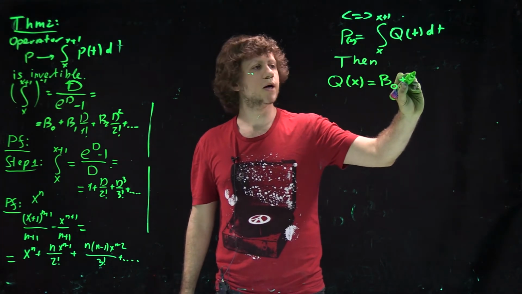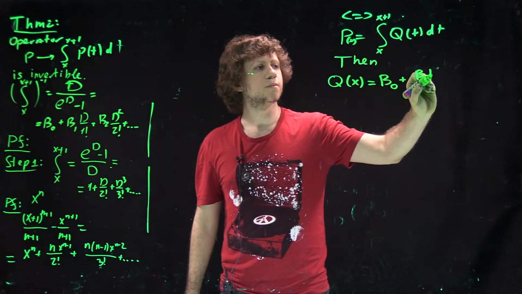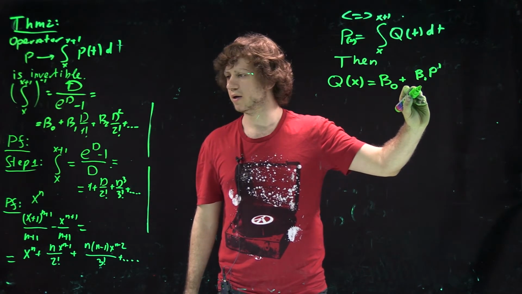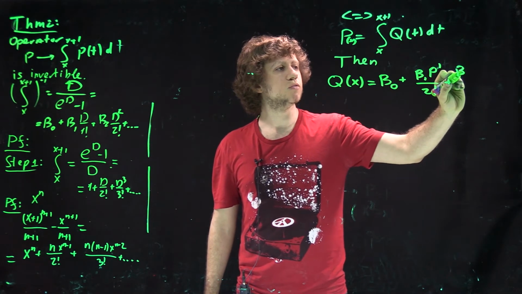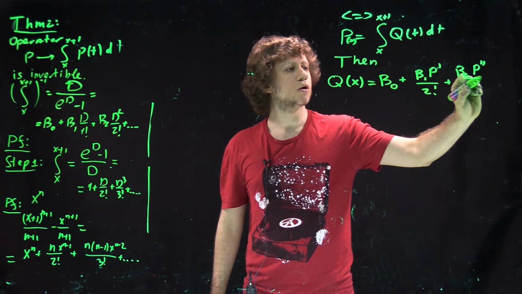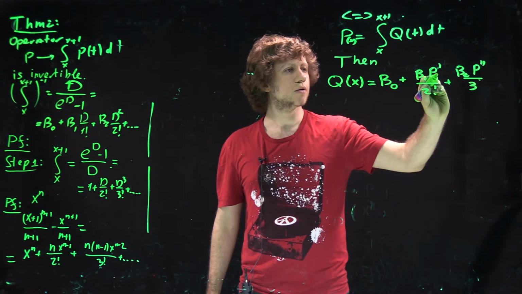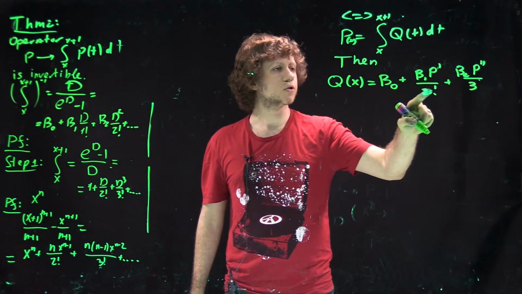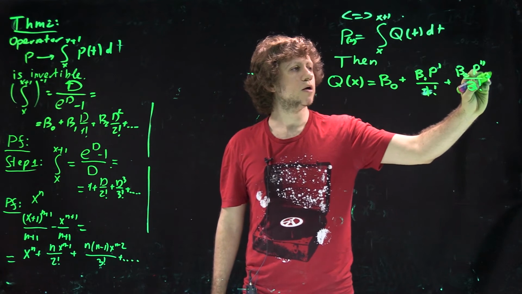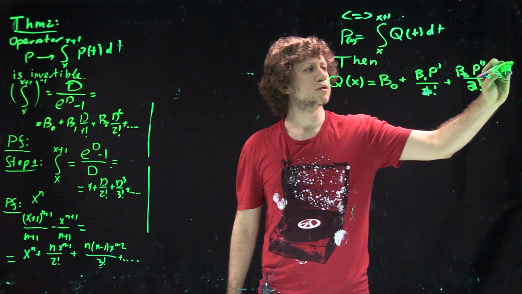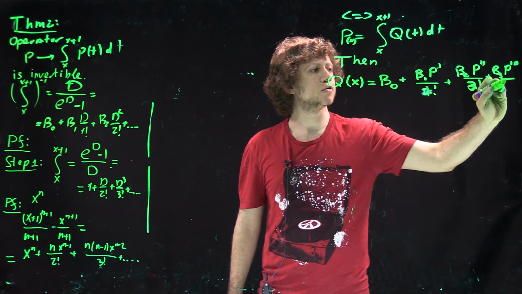Plus B1 P prime over 1 factorial, plus B2 P double prime over 2 factorial, plus B3 P triple prime over 3 factorial, and so on.